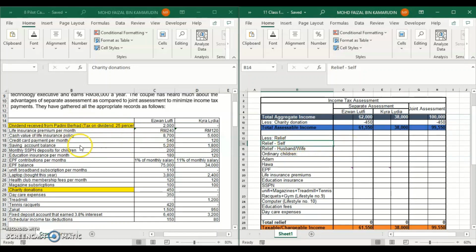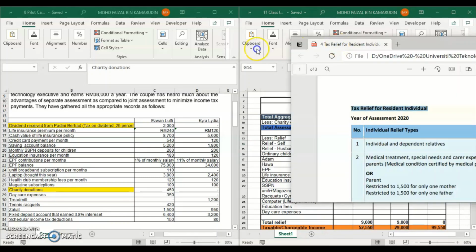It is not mentioned here, but by default you should understand that it is given to everyone, 9,000. That is the first item that I would suggest you record in the total relief. The same goes for Kyra here. And then this is where you have to understand that we have what we call a maximum.